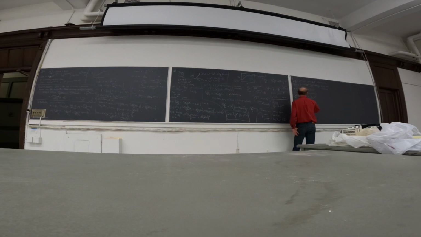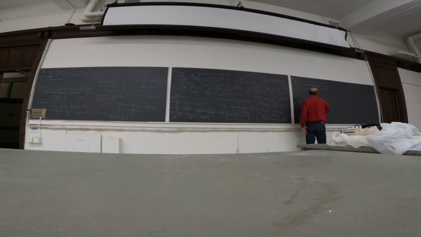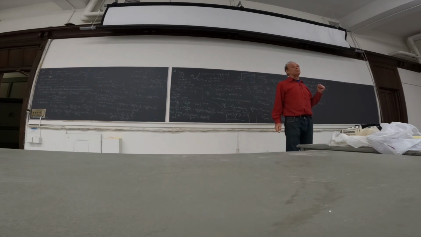L prime is equal to V in prime over A. And again, this is A, this is B, in my formula up there. And I know that L prime at t equals 0 is equal to 0 by definition. And again, that's why I like the prime variables.